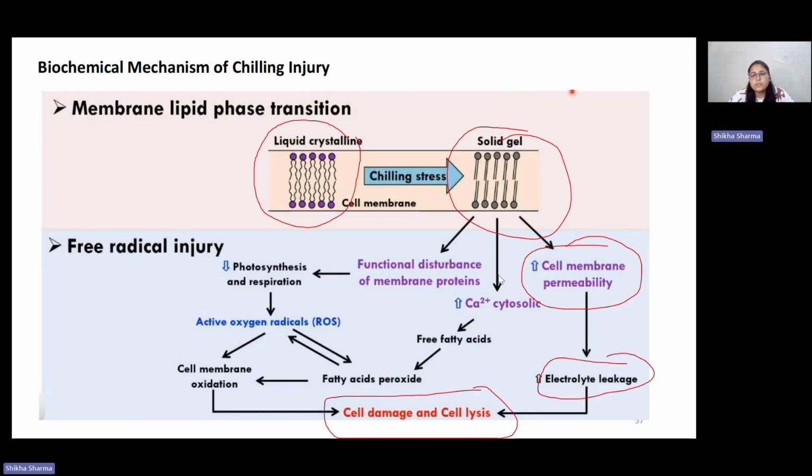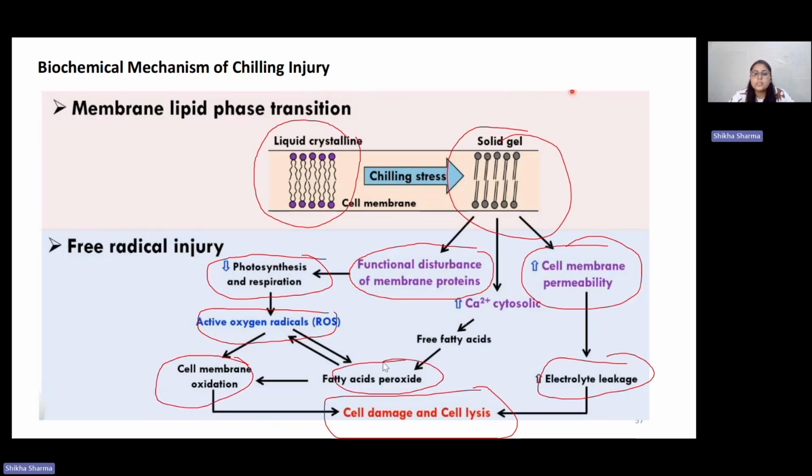Also, because of the changing of this lipid membrane into the solid gel, the function of the membrane proteins is disrupted, and the photosynthesis and the respiration rate will go down, and more reactive oxygen species will form, and because of that, cell membrane oxidation can be seen.